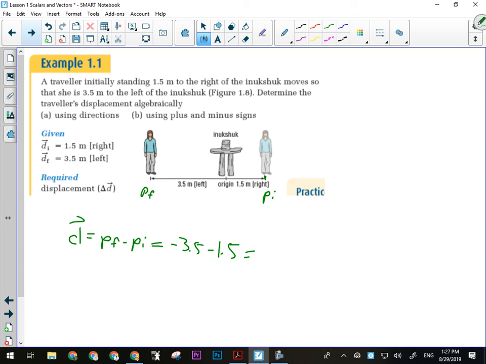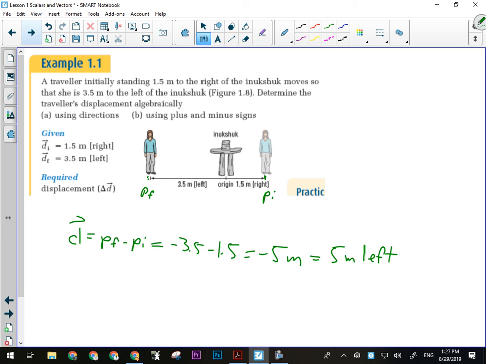If I do that, I'm going to get negative 5. Isn't it 5 meters from here to there? It's 5 meters to the left, so I got negative 5 meters. Then I go 5 meters left. That's what the person displaced themselves. They traveled 5 meters to the left.